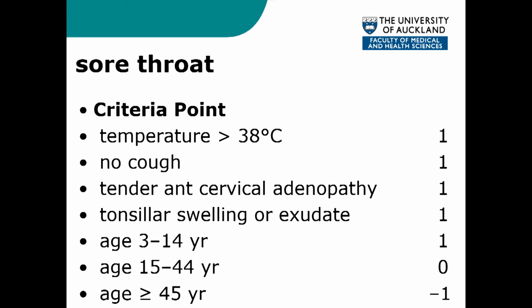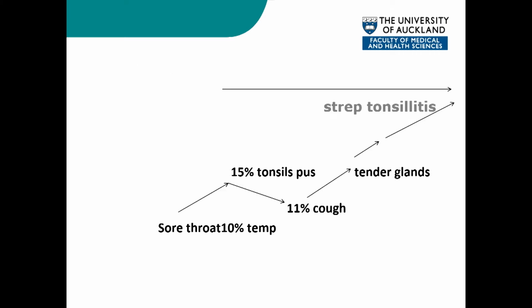And there's this sore throat criteria where we give points for a fever, absence of cough, tender neck glands, swollen purulent tonsils, and age. And if we get a very high score, we might just treat the patient. We'd say they do have a strep throat. If they have a low score, we would either wait and see or perhaps swab and test and see what the results were going to show.